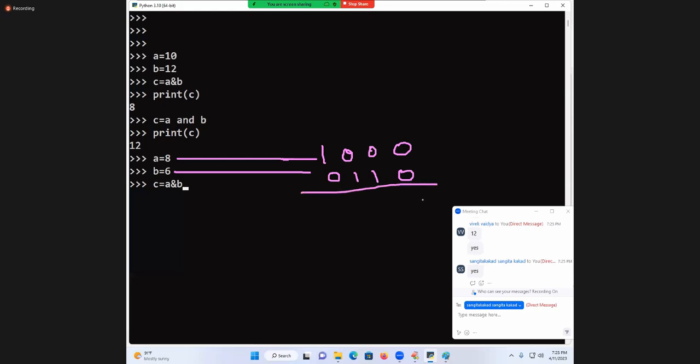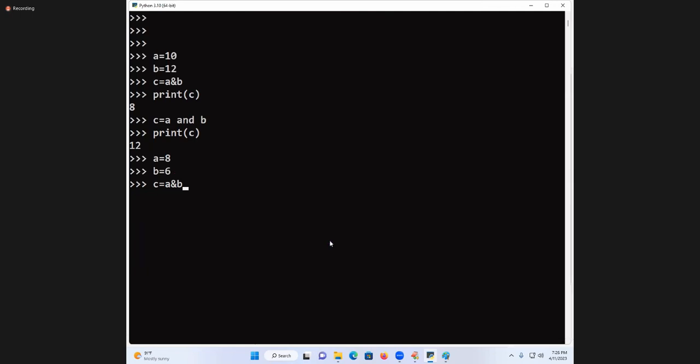Now answer. 0, 0, 0, 0. 0. Very good. So answer is called what here? Print C. Answer is 0. A and B. A and B answer. 6. B and A.